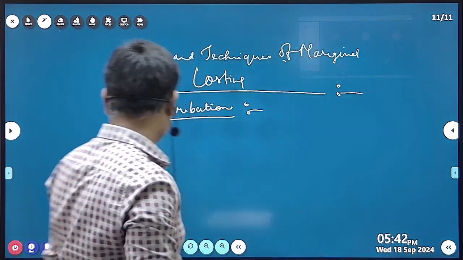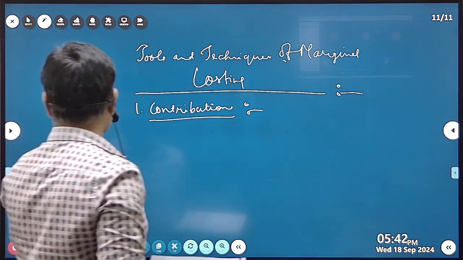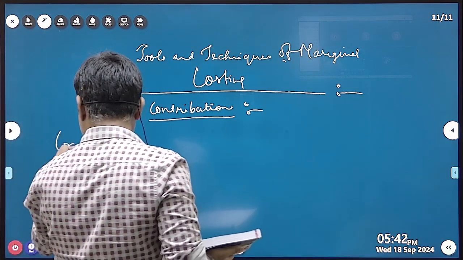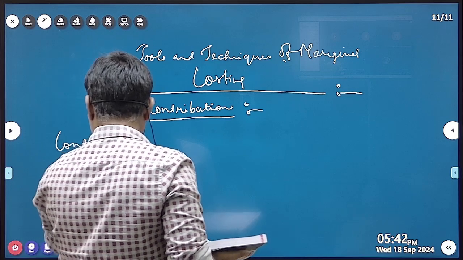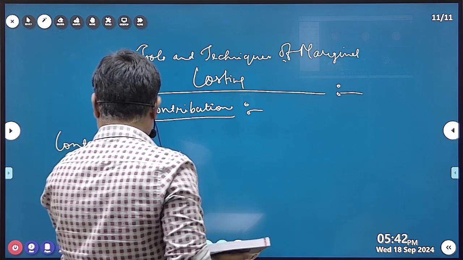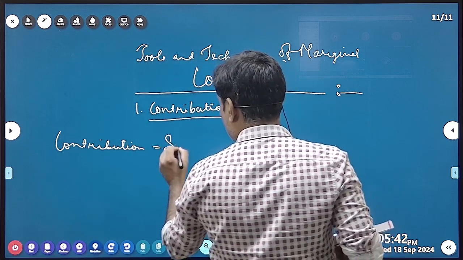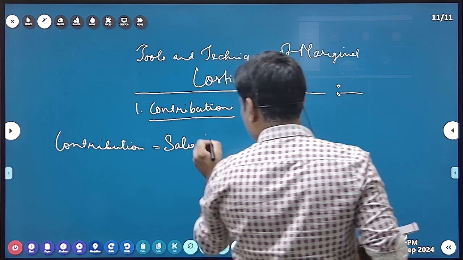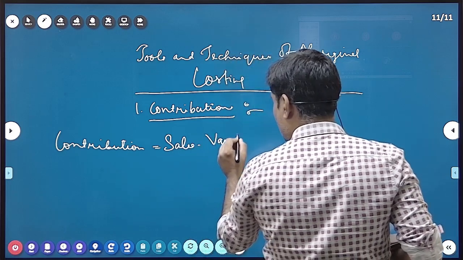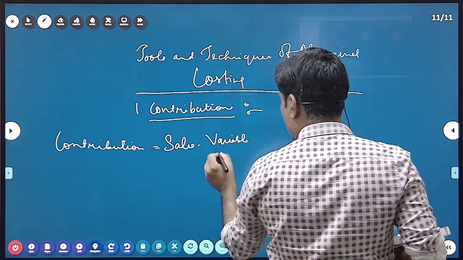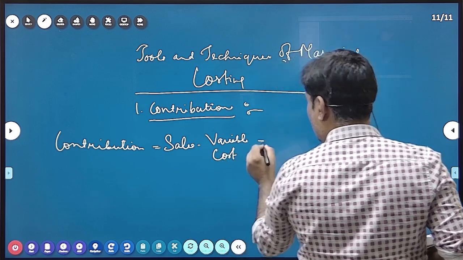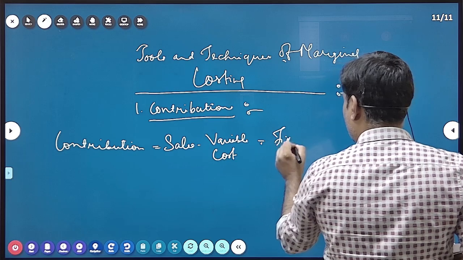We had seen the formula. Again, contribution equals sales minus variable cost. Contribution equals fixed cost plus profit.